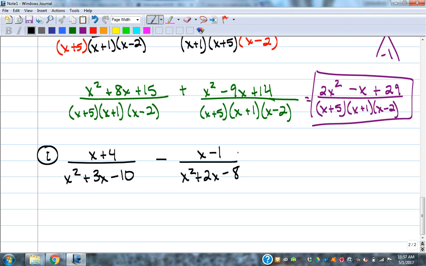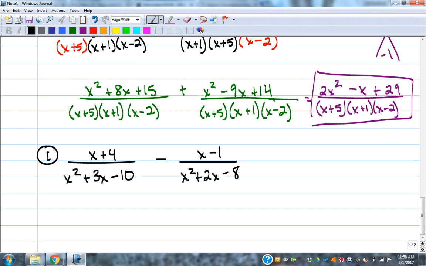Now, what's the difference in this problem and the previous problem with the denominators? Well, they're not factored, right? They're not in factored form. So what I want to try to do is factor the denominators so that I can see what they have in common, because they may have a factor that's the same. They may not, but I think they do.